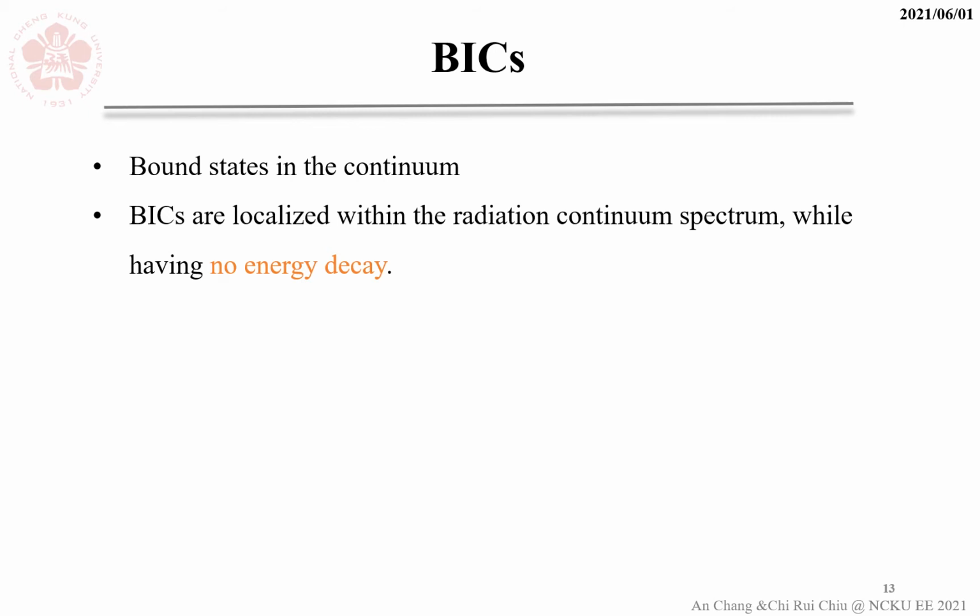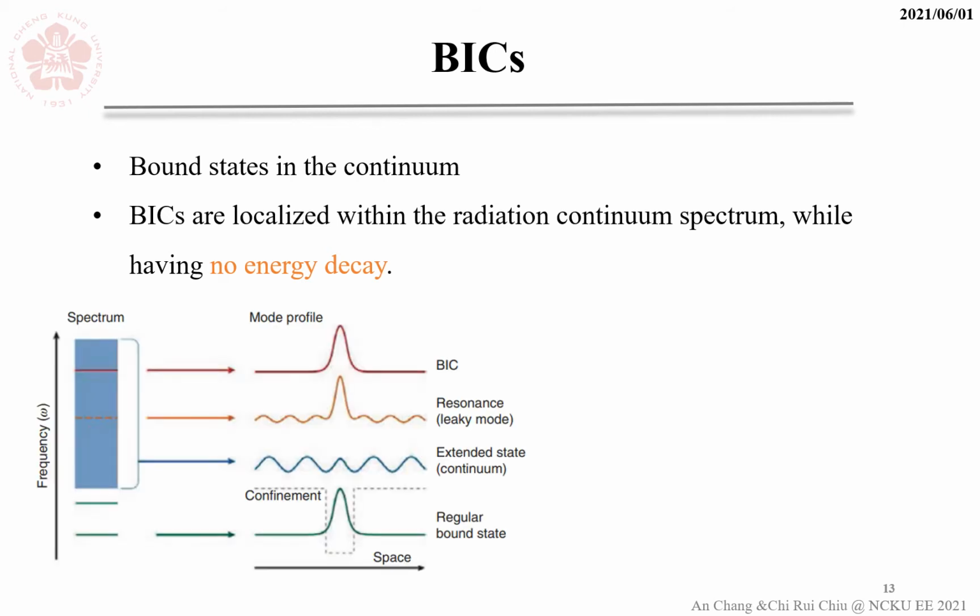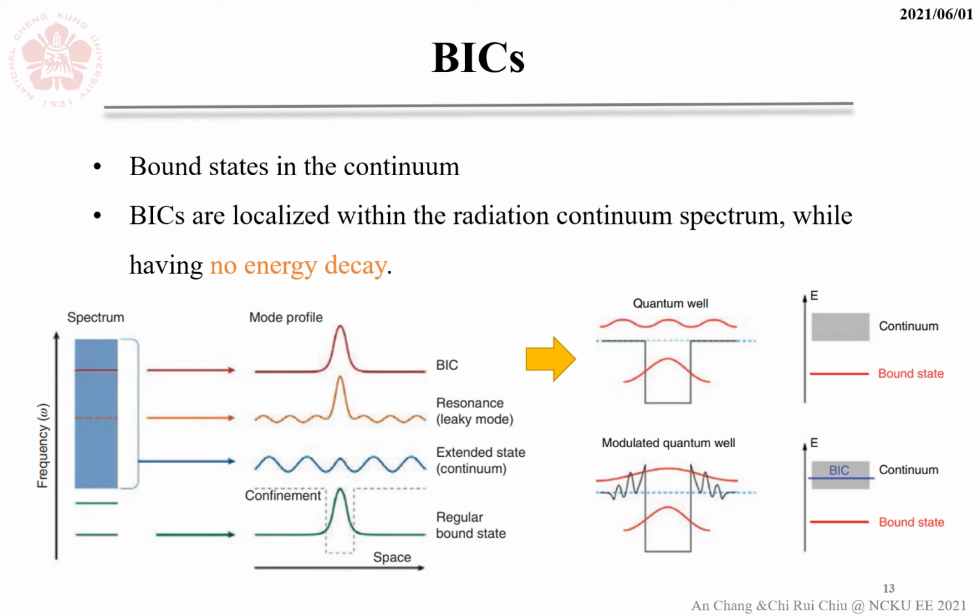Next, please look at the picture, which is about different families of states sustained in an open photonic system and their position. You may be confused. What is the difference between a bound state and a BIC? Let's look at the picture on the right.